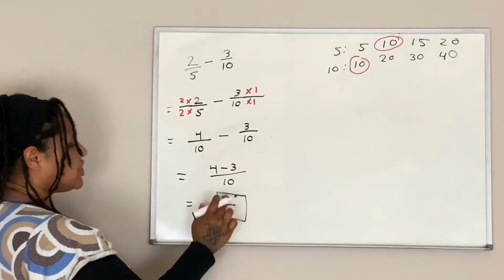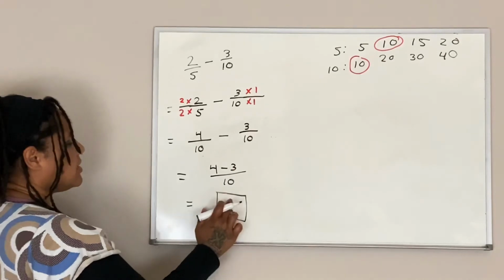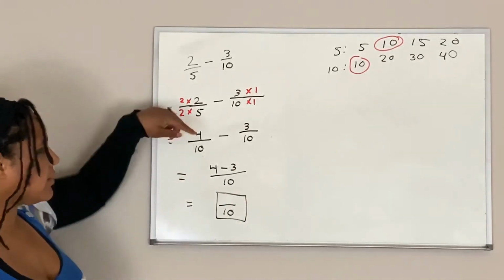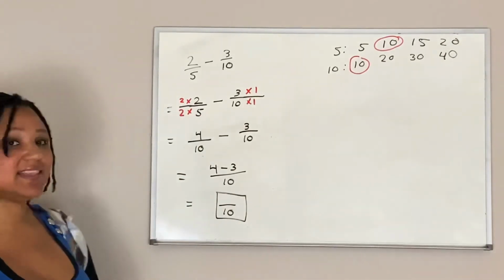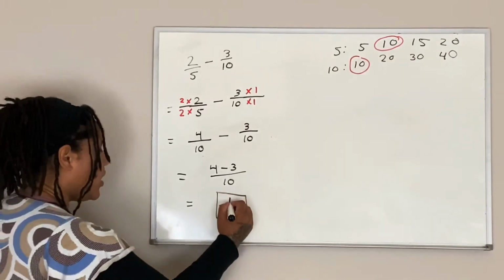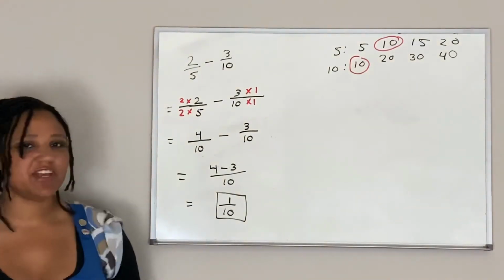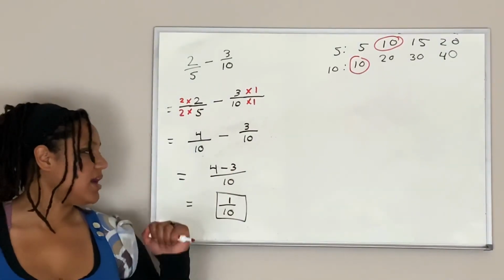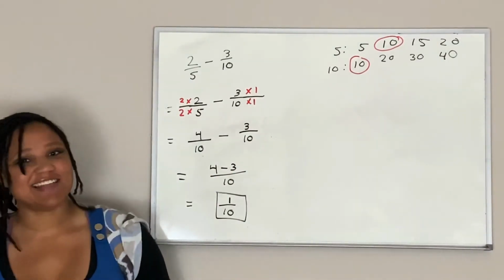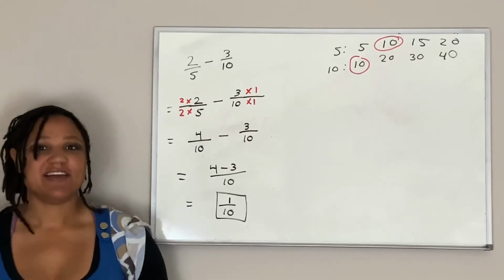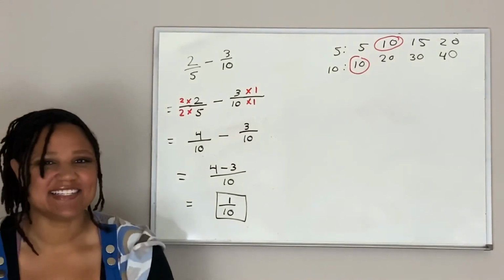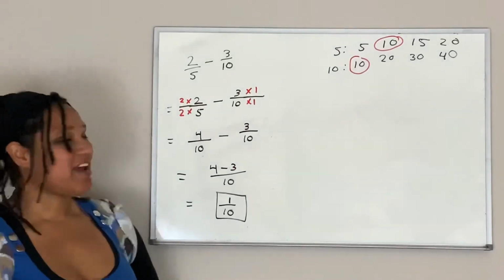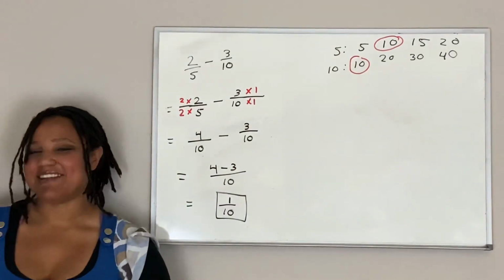The only thing that changes is this numerator. So 4 minus 3 in this case is a 1. So you see, nothing else changes. The only thing that changes is that we subtract the numerator instead of adding the numerator. That, my friends, is how you add and subtract fractions using different denominators.